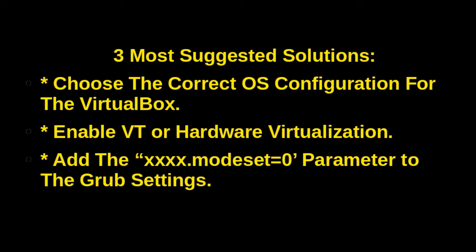The second one was to enable virtualization technology for Intel-based machines, or hardware virtualization for AMD-based machines. And the third one was to add the modeset=0 parameter to the GRUB settings. I will show you that in more detail, because it requires that you prefix it with the correct hardware configuration that you have for your machine. So I'll show you here how those are implemented.